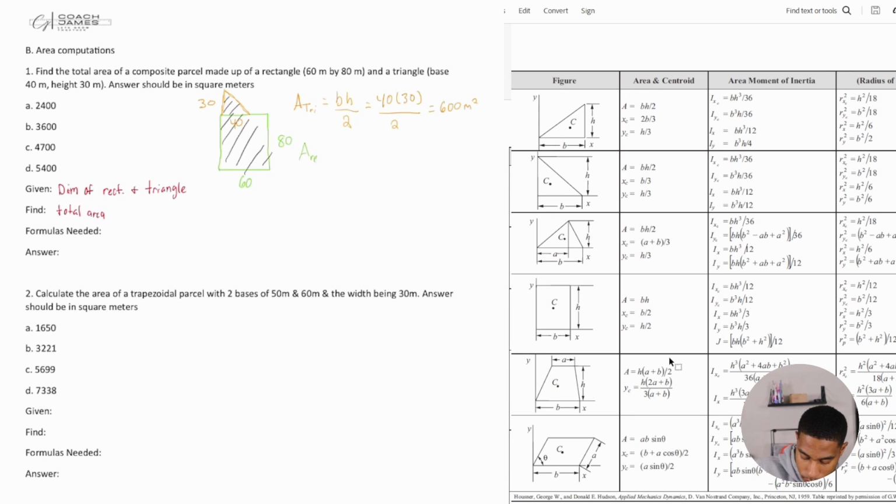All right, what about our rectangle? The area of the rectangle is equal to 60 times 80, the base times the height, which is equal to 4,800 meters squared. All right, so what's our total?